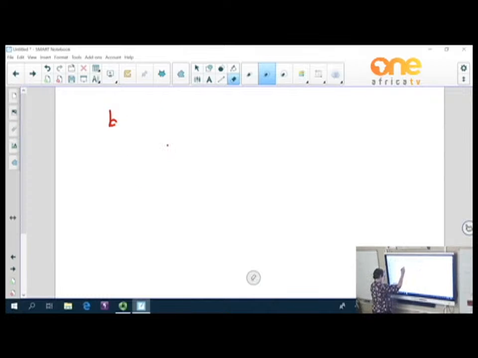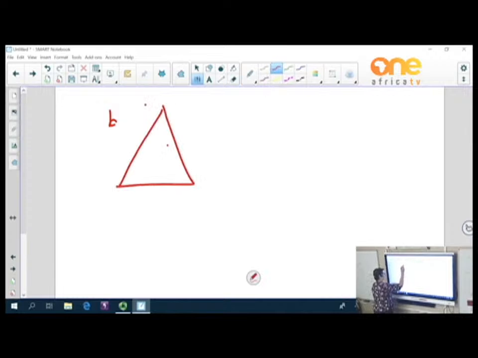Number B. So there's the triangle ABC. And let's label them again. This is B, this is A, this is C. Make sure that you understand that. So C is 7, B is 5, and C is 47 degrees.